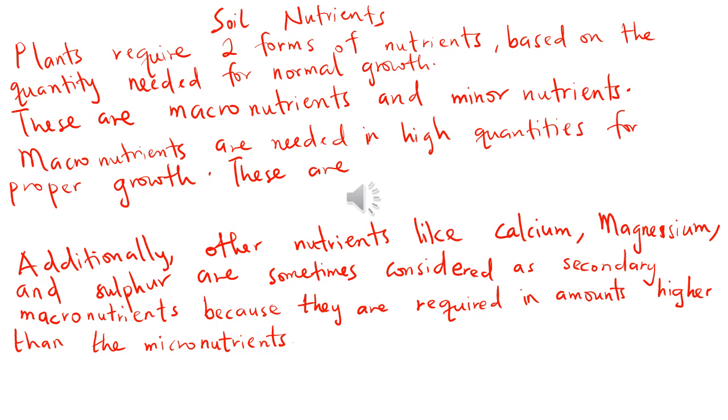The three major macronutrients are: one, nitrogen; two, phosphorus; and then the last one is potassium, K. All right, so these are the three major macronutrients needed by plants to ensure proper growth: nitrogen, phosphorus, and potassium.